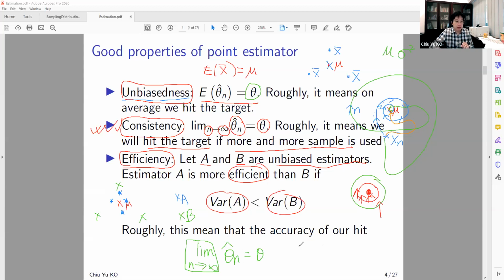So technically it actually means you give me a very small number, no matter how small it is, to define the difference between the two. I can always find a large enough n to satisfy this condition.